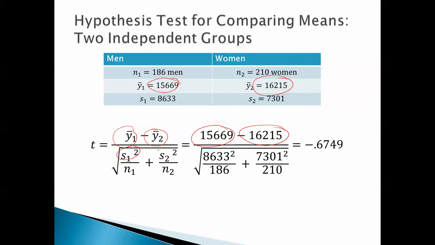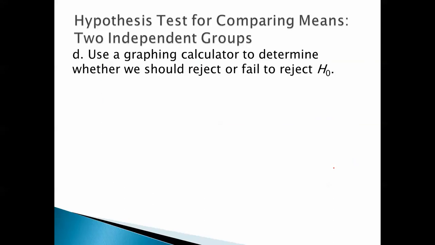Plug in the standard deviations. And the sample size is 186 men, 210 women. Plug all of that in, and you get T equals negative 0.6749.